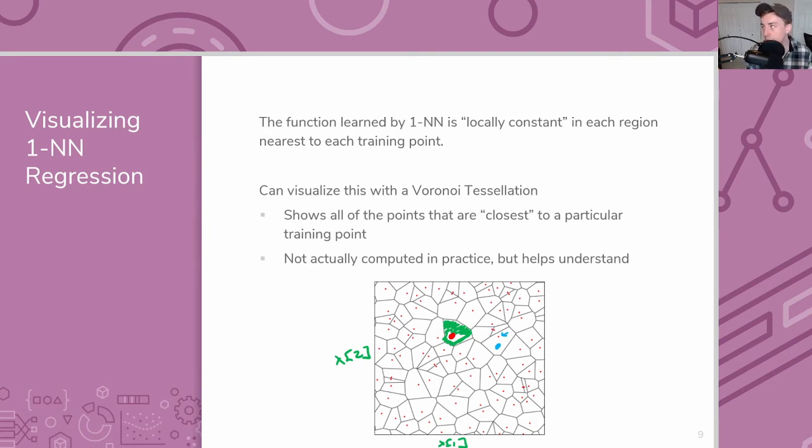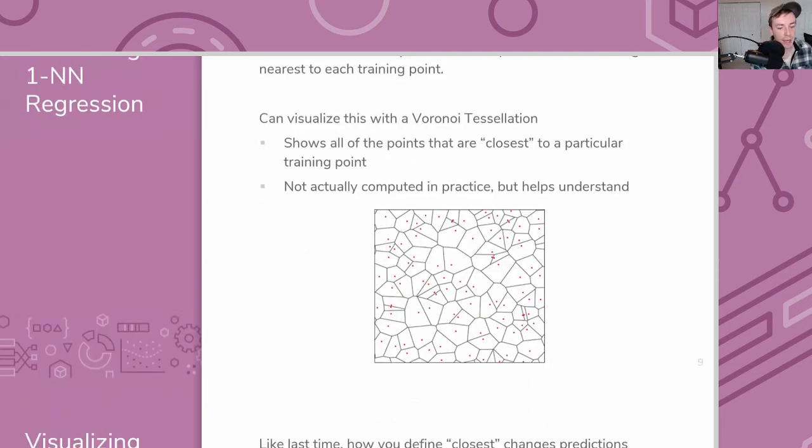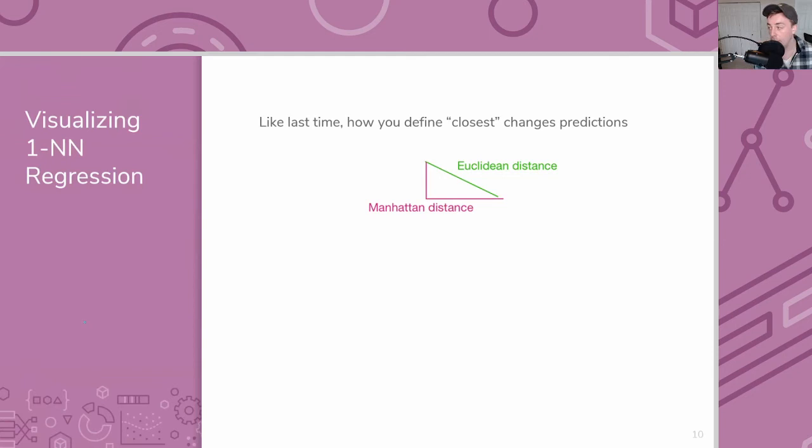But choosing how similar or how different things are is a modeling choice. It's a choice of how you represent your data. And so different representations of what's similar and what's not might lead to completely different types of predictors when using one nearest neighbor regression. So, like last time, if we change what it means to be closest, it's going to change what we think our model might be.